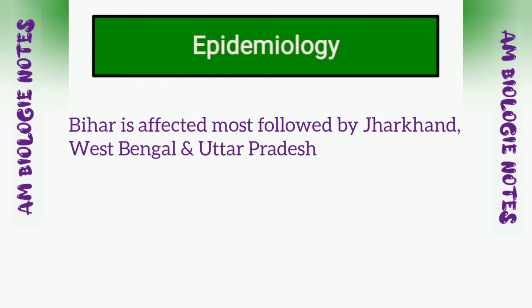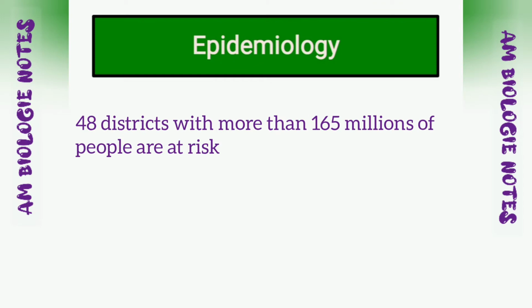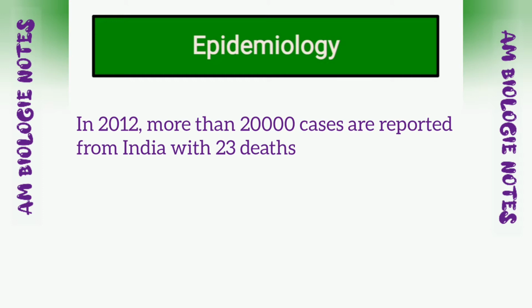In India, Bihar is affected the most, followed by Jharkhand, West Bengal, and Uttar Pradesh. 48 districts with more than 165 million people are at risk. In 2012, more than 20,000 cases were reported from India with 23 deaths.